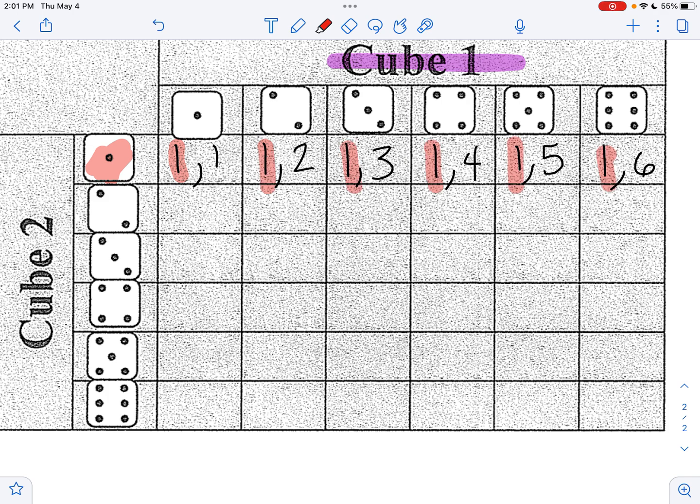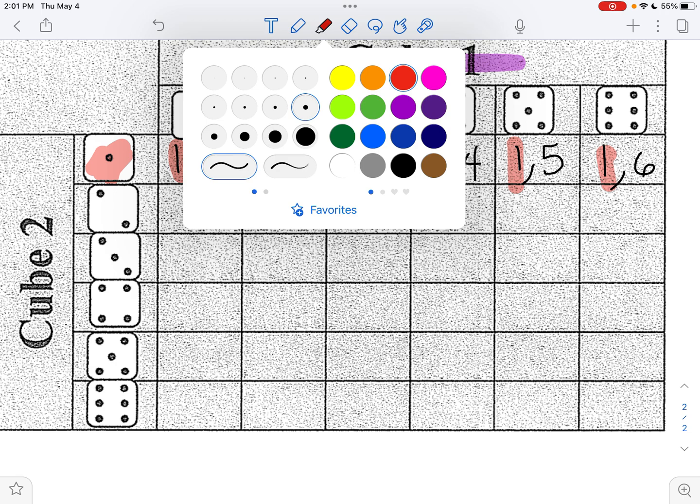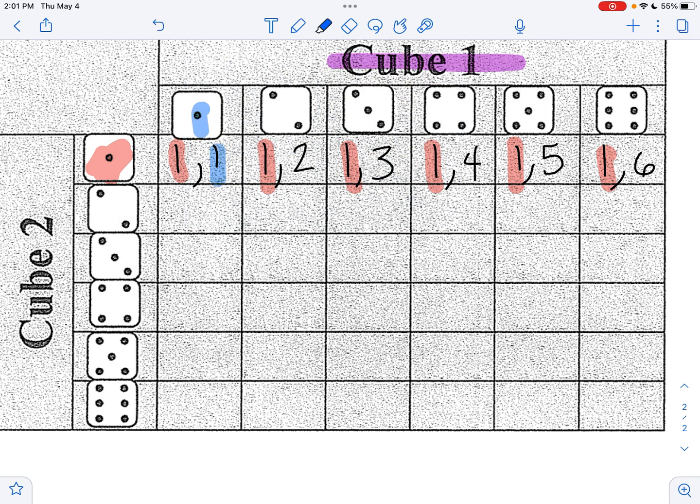The first dice could be 1, and then the second dice could be 1, or the second dice could be 2, or the second dice could be 3. In all of these cases, the first dice always is a 1. There's a 1 and a 4, and a 1 and a 5, right? So hopefully you can see where all of that is coming from.